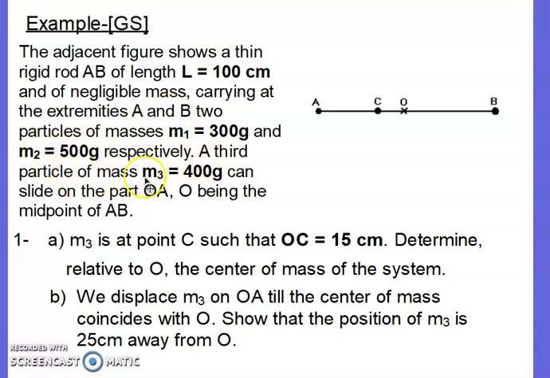We have a third particle, M3, that can slide on the part OA, where O is the midpoint of the rod AB. Now M3 is at point C, where the distance from O to C is 15 centimeters. Determine relative to O the center of mass of this system.